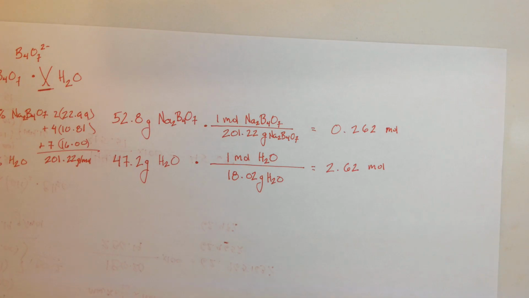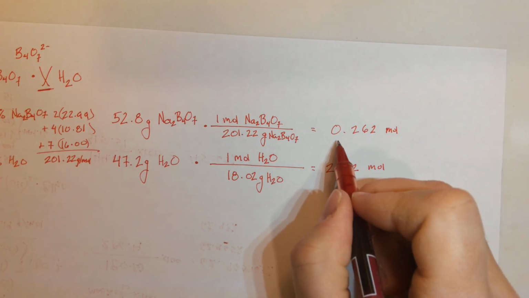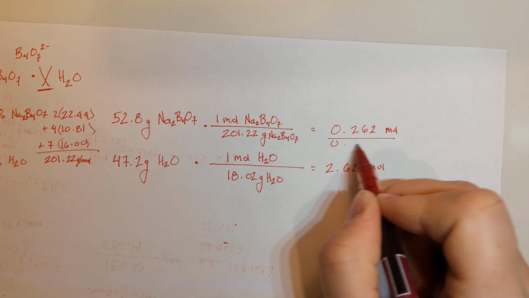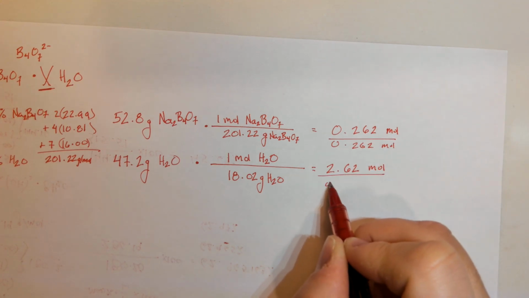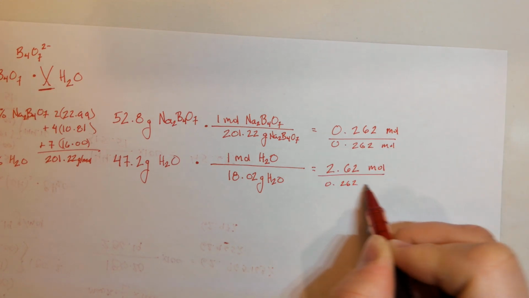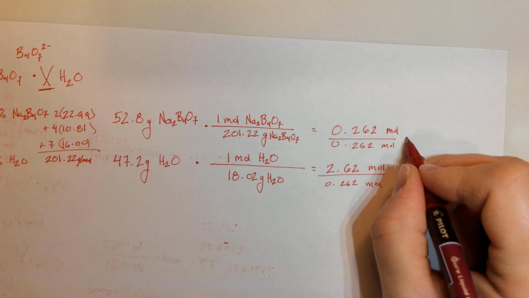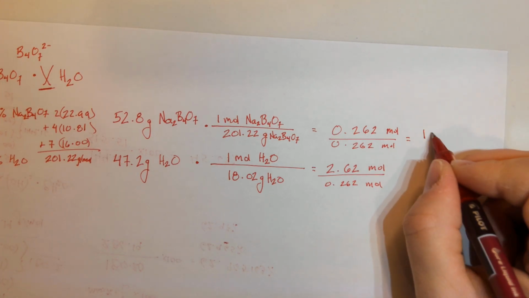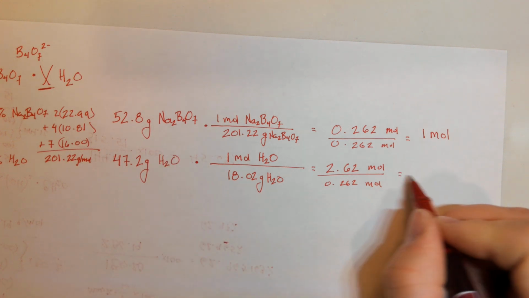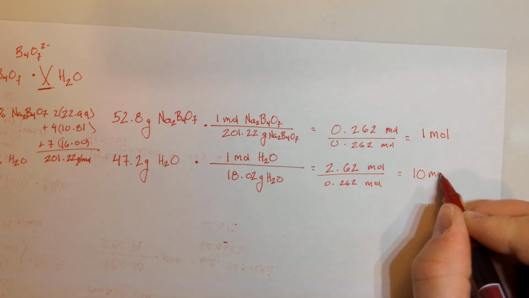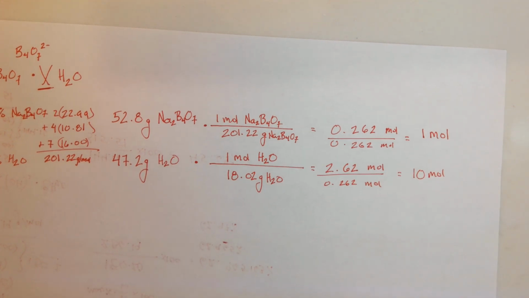If you said we needed to divide by the smallest number, you'd be correct. In this case, that's going to be 0.262. And you should see that we get 1 mole of the sodium tetraborate and 10 moles of water. So what does that mean?